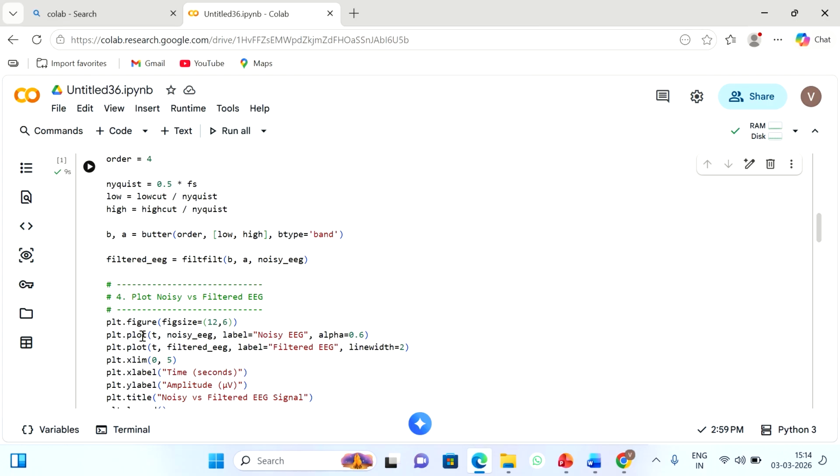So here, plt.figure(figsize=(12, 6)). What is 12, 6? 12 is the breadth of the graph and 6 is the height of the graph. Then plt.plot(t, noisy_EEG, label='noisy EEG', alpha=0.6).